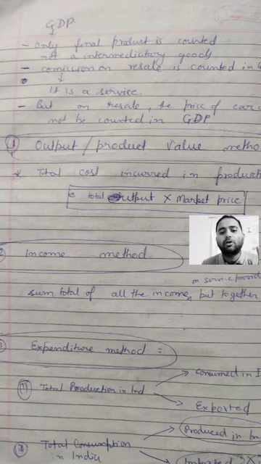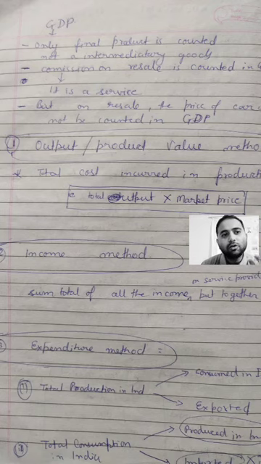So it will not be counted in GDP because it has already been used, and it was already counted in previous years whenever I purchased it, right? So in GDP, we will not take the resale value of anything, and we will add the commissions on sale of anything, and even on resale of anything, because that is a service. Okay. Now let's understand the output or product value method first.